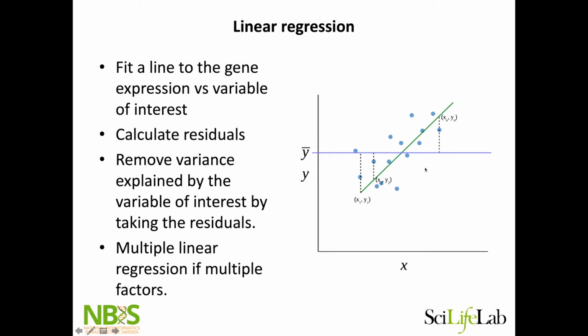And instead of taking the expression value, you take the residuals, and by that you should remove all the variance that is explained by this variable of interest. So this might be percent mitochondria that we know correlates strongly to the quality of the cells, or it might be the number of detected genes. And you can add multiple different factors into this regression model.